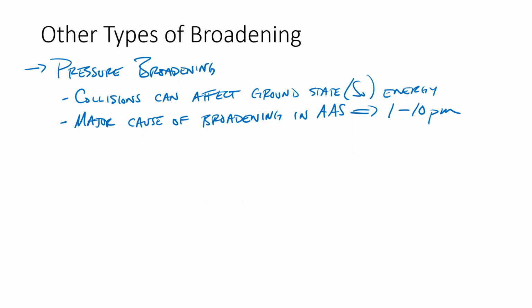Now, outside of AA, pressure broadening is a good thing sometimes. In the xenon flash lamp that we talked about as a source for UV-Vis, right? Xenon's just like every other element. It has these very discrete transitions, these very discrete emissions, kind of like we saw for calcium earlier today.